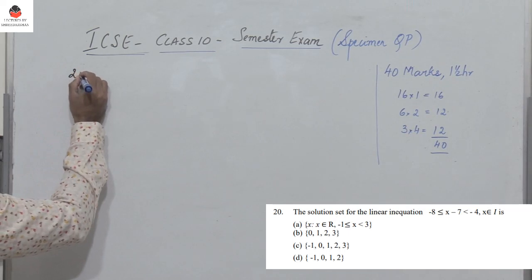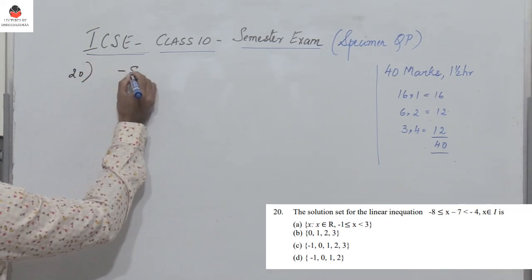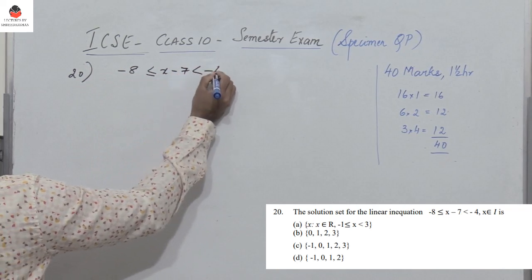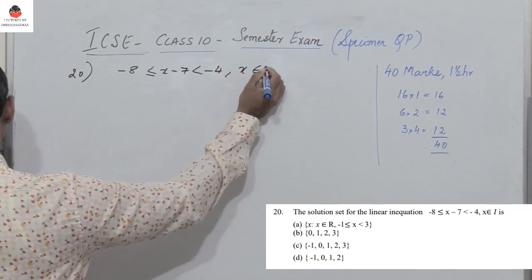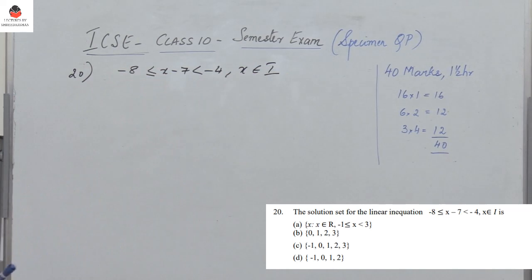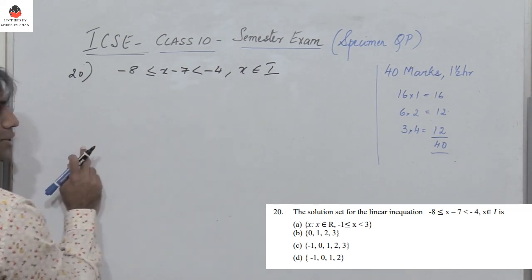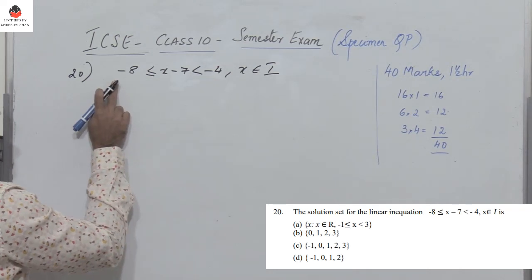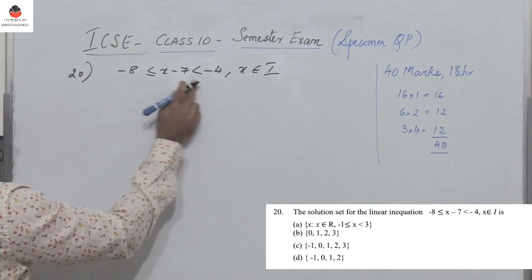20. The solution set for the linear inequation minus 8 less than or equal to x minus 7 less than minus 4, where x belongs to I, so it has to be an integer here. Given this inequation, you just add plus 7 to the entire inequation.